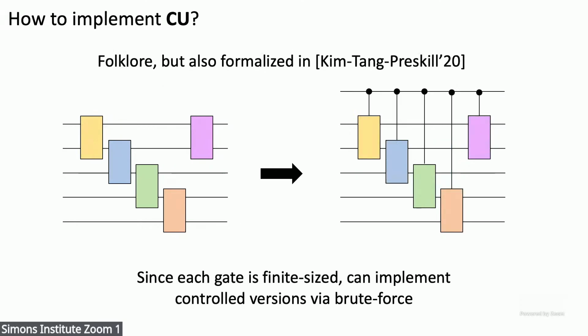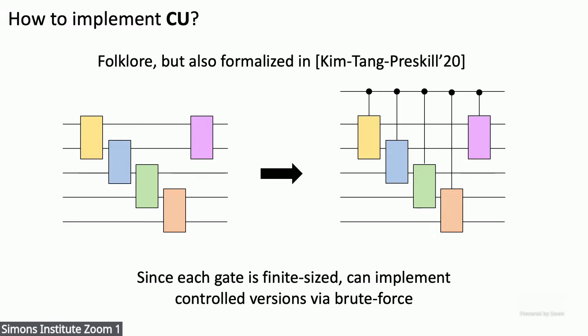And for controlling, we can do something similar. We can take each gate and just control that on whatever our control wire is. This one has been relatively folklore, but it was formalized in this somewhat recent work by Kim et al. And the point is, I now have these gates that are controlled versions of the original ones.